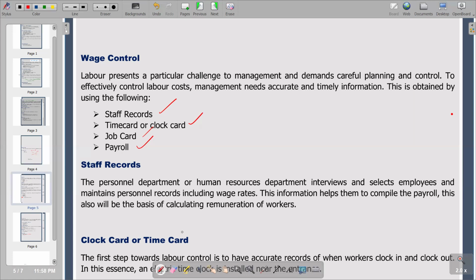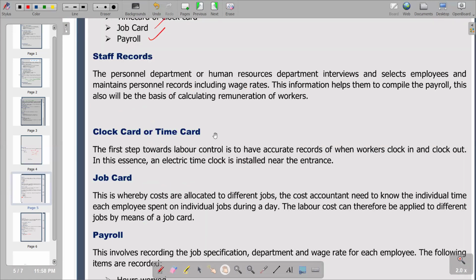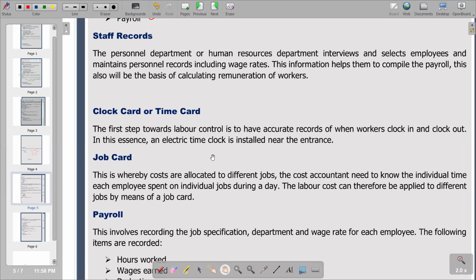Clock cards basically record the time when a worker arrives at the workplace and leaves the workplace. So basically, the duration that the worker is at the workplace is indicated in a clock card, because every time the worker comes for work, the worker has to clock in, and when going out of work, clocks out. The time frame that has been spent by each and every worker is indicated in a clock card. So the first step towards labor control is to have accurate records of when workers clock in and clock out.